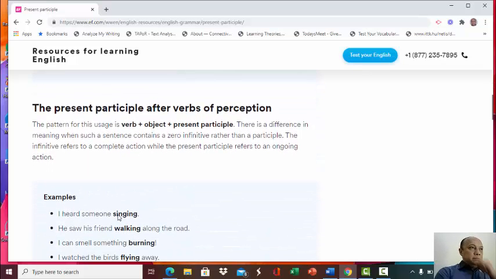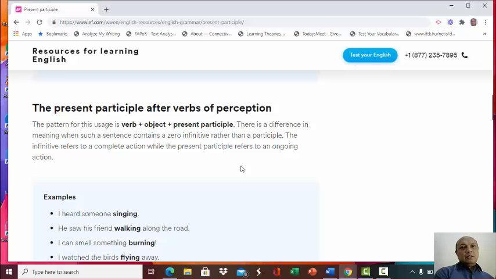Next one is the present participle after verbs of perception. So the pattern is the verb, and then you have object, and then you have the present participle. Now this applies to some verbs of perception. Yeah, there's a difference in meaning when such a sentence contains a zero infinitive rather than a participle.